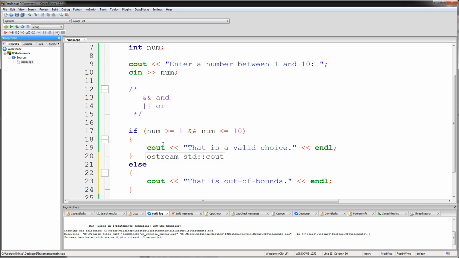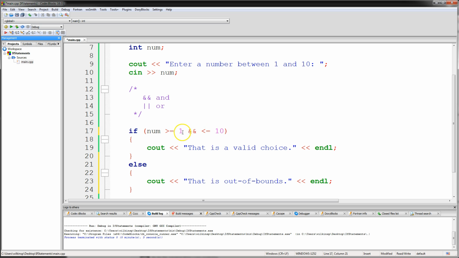A couple of other quick pitfalls that people can run into. Some things that we'll often try: it's tempting to write things the way we would say them. For example, num is greater than or equal to 1 and less than or equal to 10. That's oftentimes how we would say something like this, but this doesn't compile because each statement on the side of the and has to be a standalone valid expression.